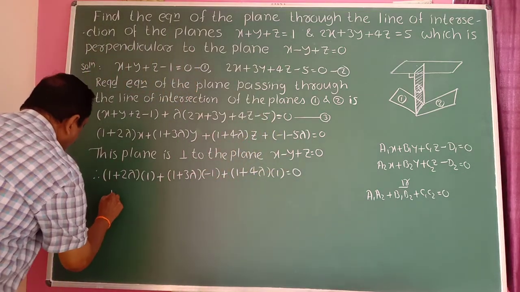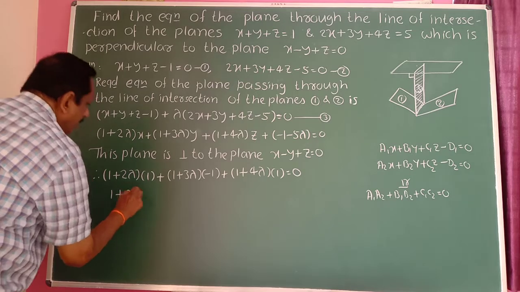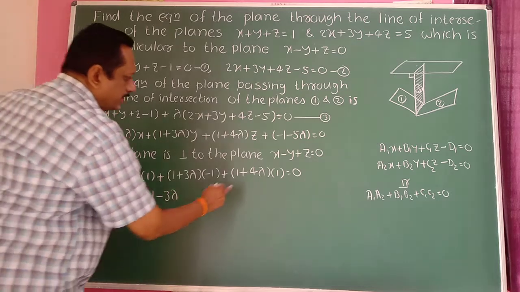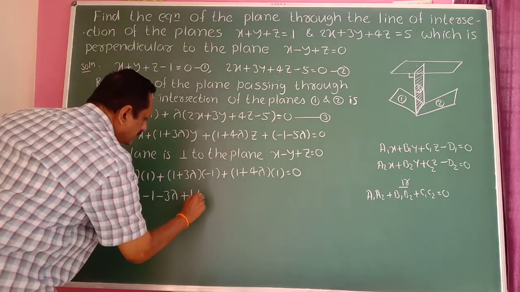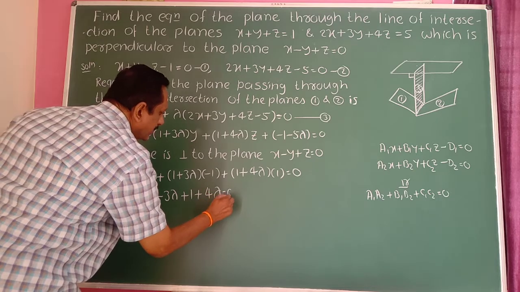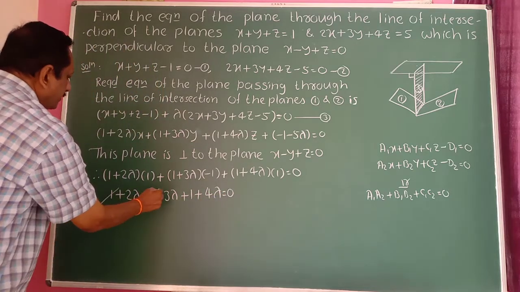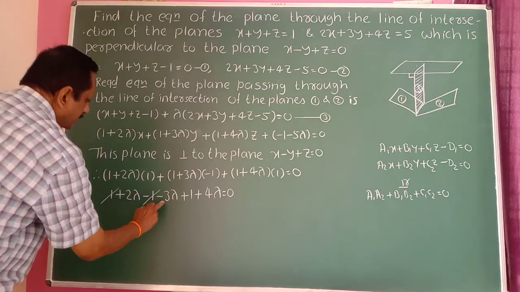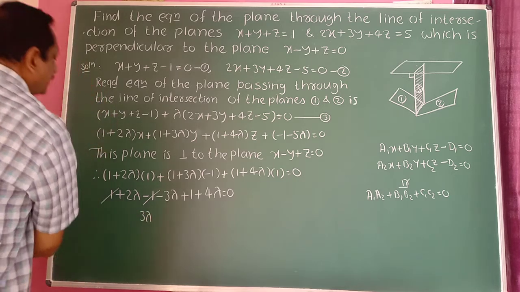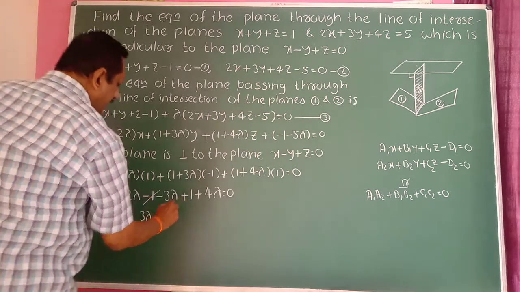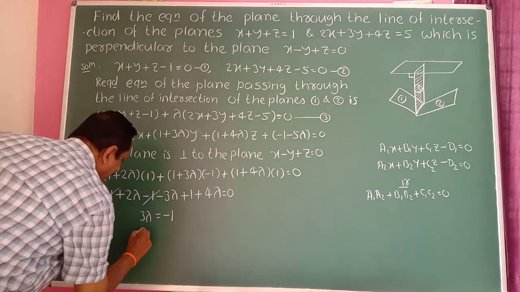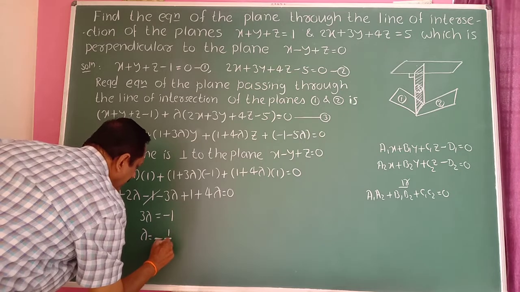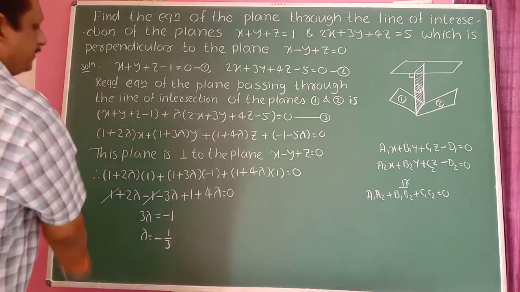Then 1 into this one, 1 plus 2 lambda, then this into minus 1, minus 1 minus 3 lambda, then this into 1 becomes 1 plus 4 lambda, that is equal to 0. Plus 1 and minus 1 cancel. 4 lambda plus 2 lambda is 6 lambda, 6 minus 3 becomes 3 lambda. Taking 1 to the right-hand side, it becomes minus 1. Therefore, lambda is equal to minus 1 upon 3.